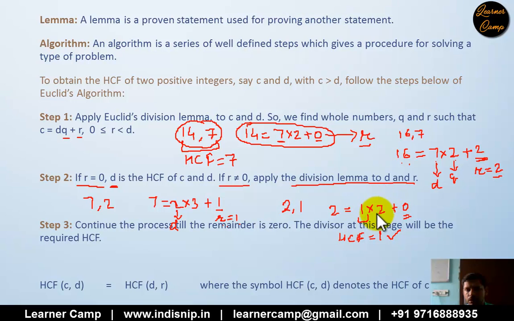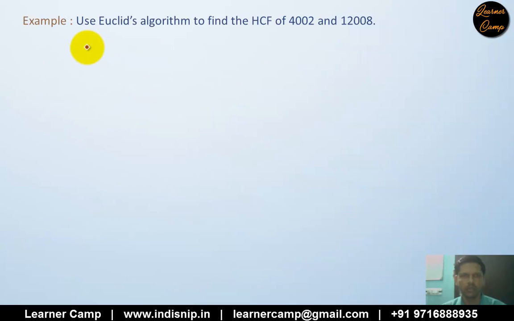But simultaneously this 1 is also the HCF of the initial integers, that is C and D, that is 14 and 7. So it is an indirect method where we are finding the HCF of these two integers and they prove out to be the HCF of the initial integers, that is 14 and 7. You will be more clear with it when we apply it to some other examples.